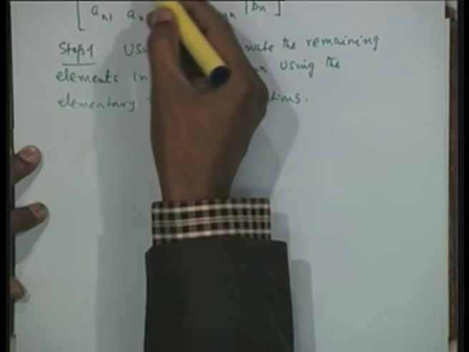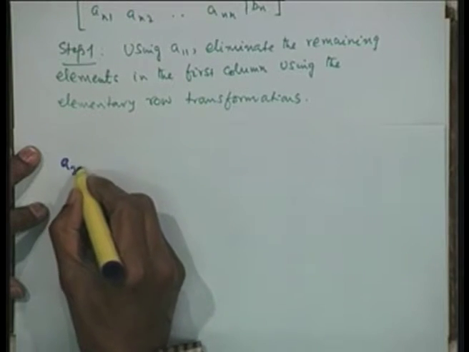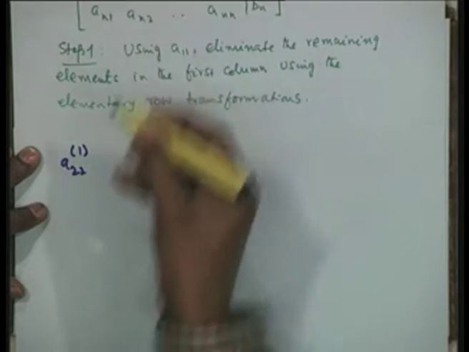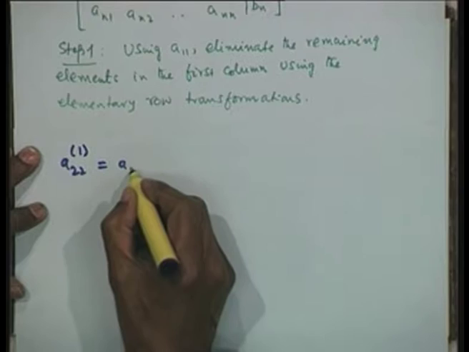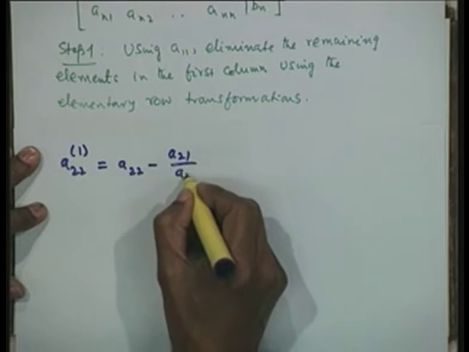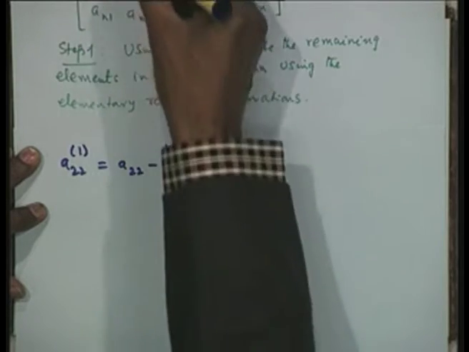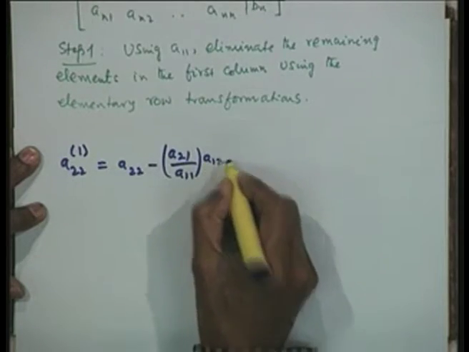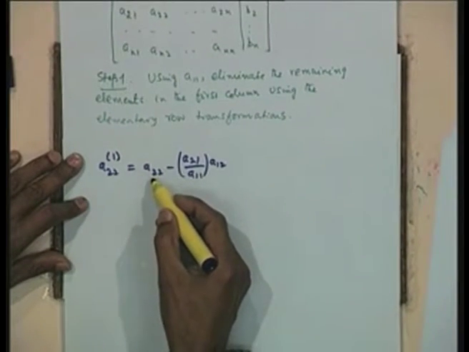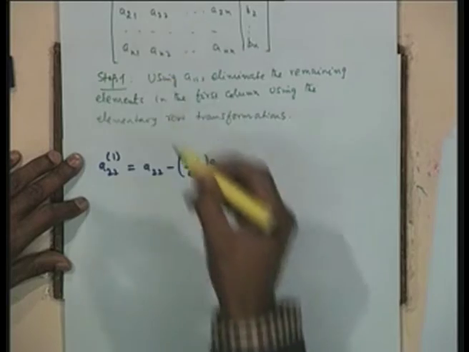That means, if we are eliminating it, what we are really doing here is that the new A21 becomes 0. Let us call the new element A22, let us give it a superfix. So, what we are doing here is, from A22 we are subtracting, we are multiplying this A12 by this factor and subtracting from this. So, that is the value of this new element.